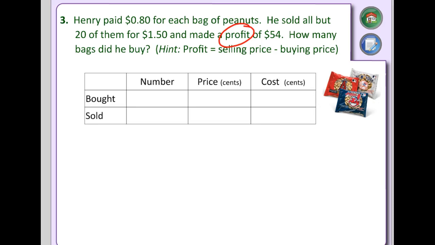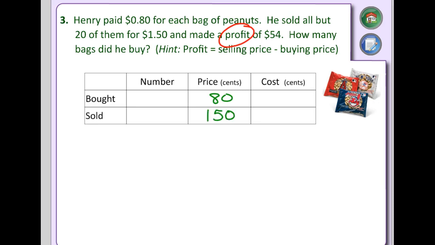It says, how many bags did he buy? So we're trying to figure out how many bags he bought, but once again, as always, what do we know? Well, he paid 80 cents for each bag of peanuts. So that means I know that he bought them for 80 cents a piece. Okay, how much did he sell them for? He sold them for $1.50.